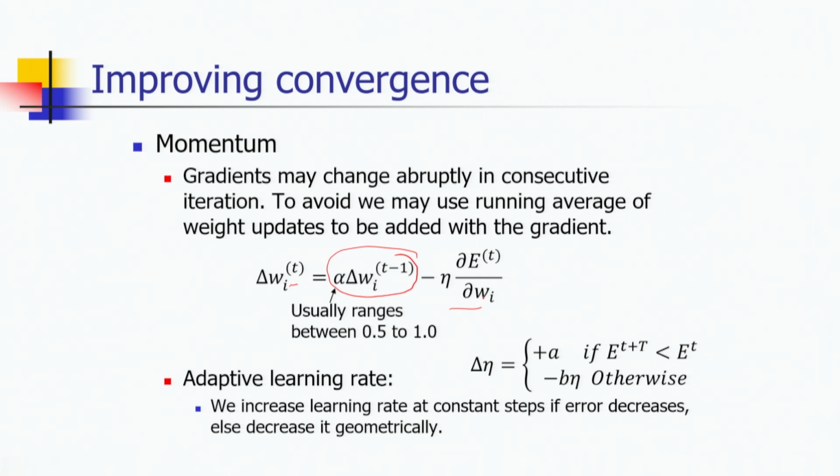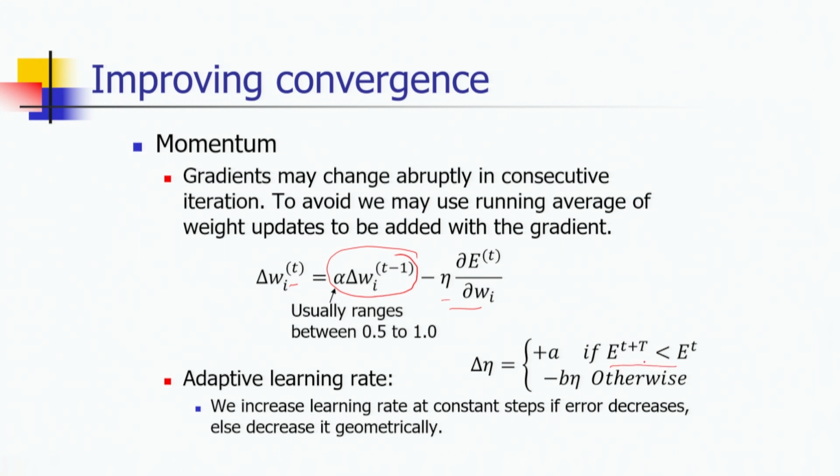And you see that eta is the learning rate, and this learning rate also can be varied. Initially this learning rate could be high, but later on you can decrease it, so that you get a smooth convergence. So one of the things we can do is this: at the initial stage, you have a certain learning rate, if the error reduces.